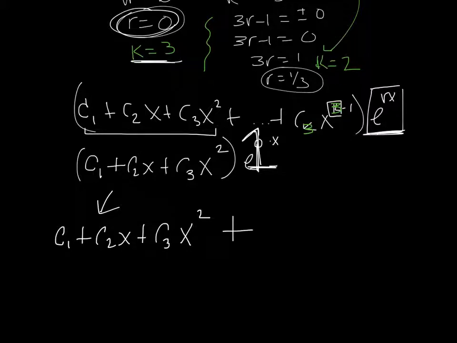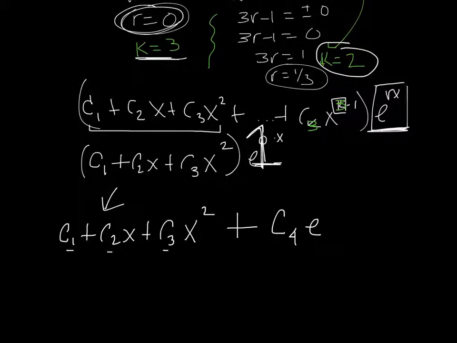Plus, now let's use our k equals 2, the multiplicity of our root, which is 1/3 and obviously repeated. Here we're just going to go up to C4, because we have 1, 2, 3, and the next one is 4, times e to the rx, but our r is 1/3.